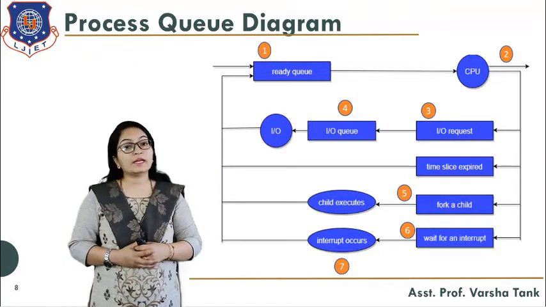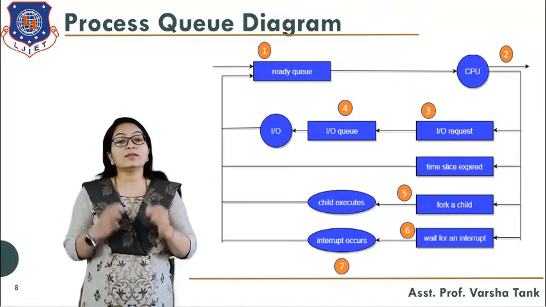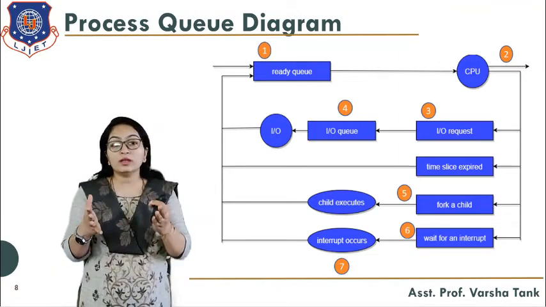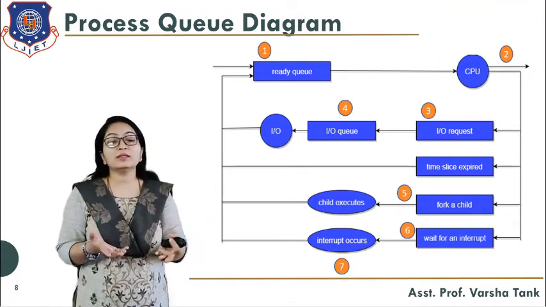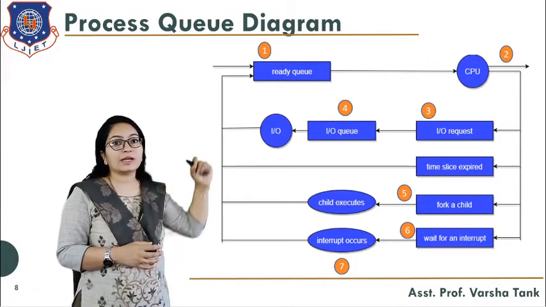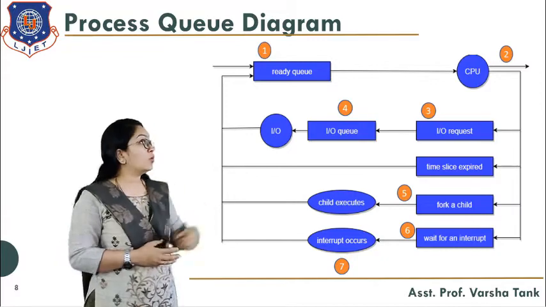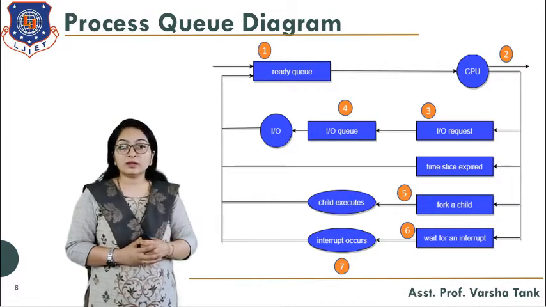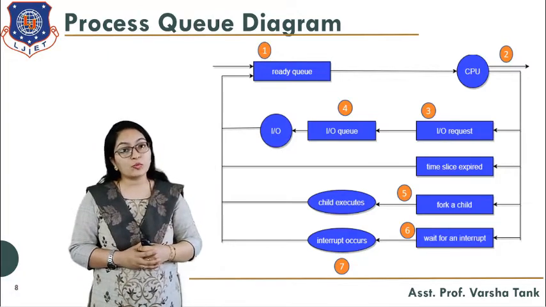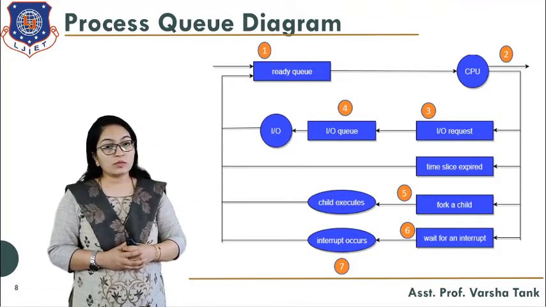Now the processes are ready. CPU will select any of the processes. If that particular process gets the CPU and completes its execution, then CPU will select another process. Now suppose CPU selects another process, and for that particular process if any input output request is there, so what will happen?